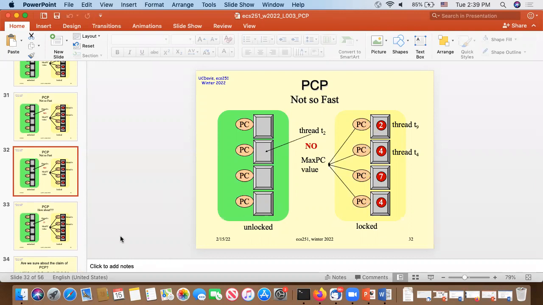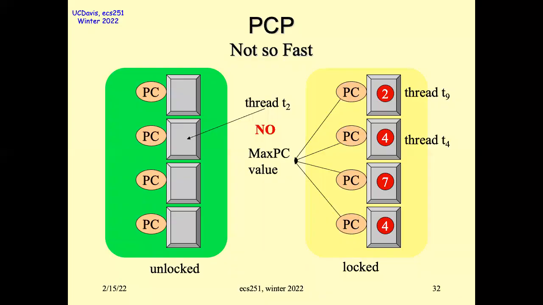When I explain this slide, thread number 2, when they decide to lock an available mutual exclusion on the left, they must check for all the currently locked semaphores. I should add three words: by other threads.